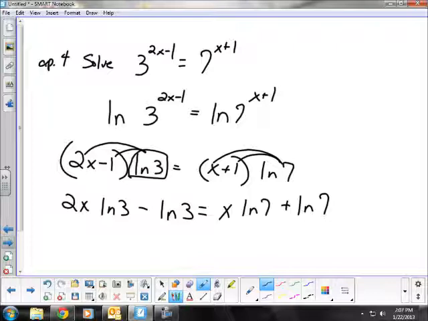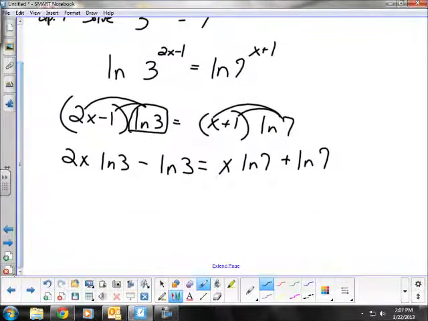No, because, okay, not like terms. Now, just like every other time when I'm trying to solve for x, I got to get everything that's got an x on one side and everything without x's on the other side.